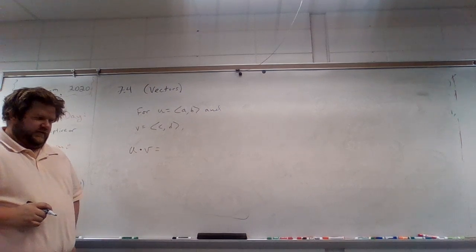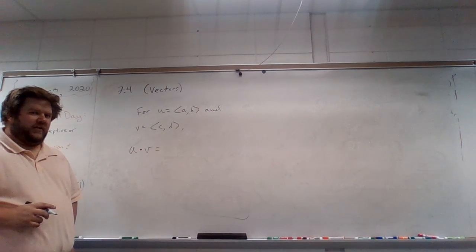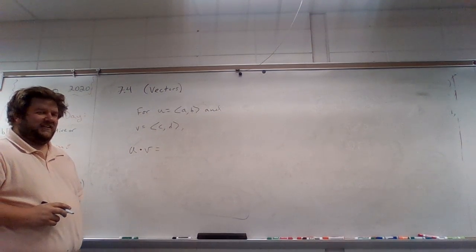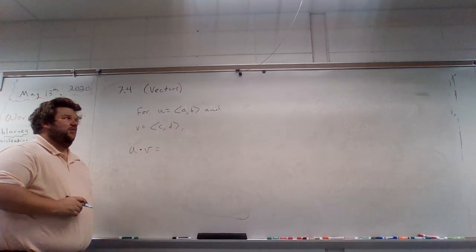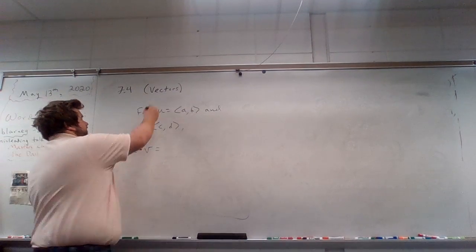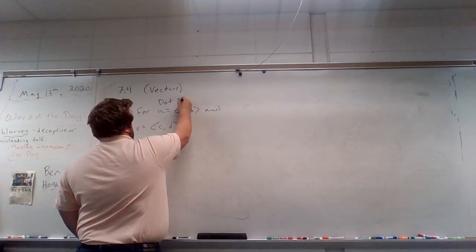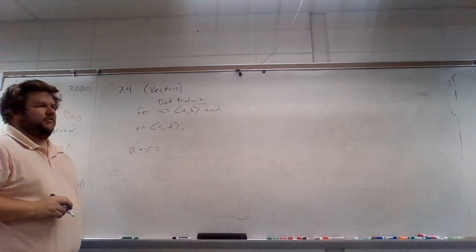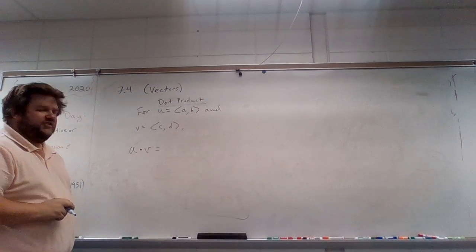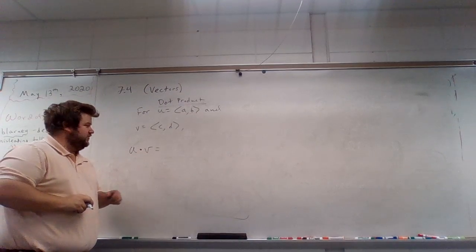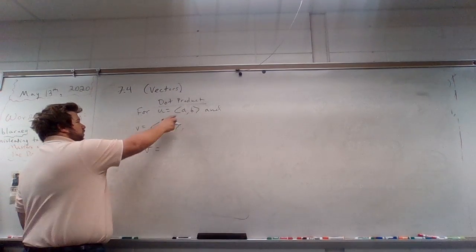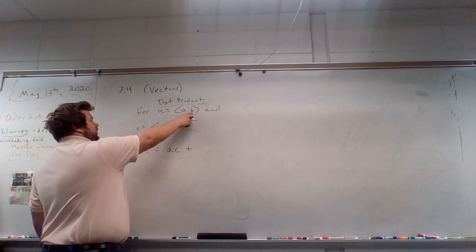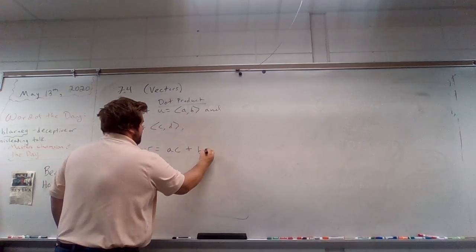Okay. So as far as multiplying vectors, there are different ways to do that, and it seems kind of weird. One of them is called the dot product, and you'll talk about another one later on called the cross product. But if I'm just doing a dot product of two vectors, what I would do is multiply these components, so AC plus, and then multiply these components, BD.